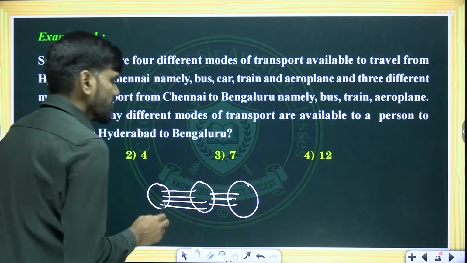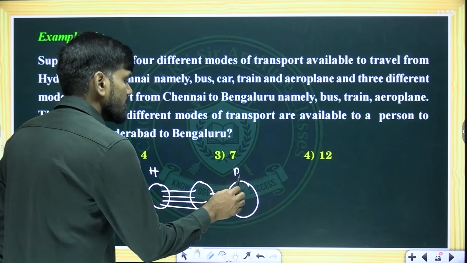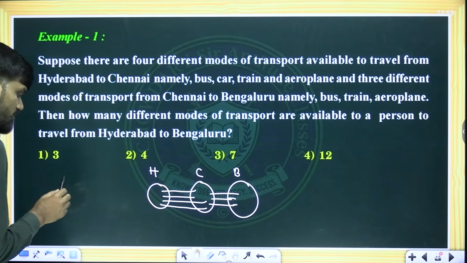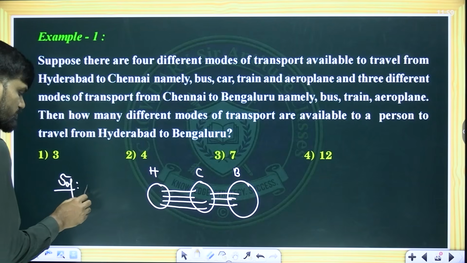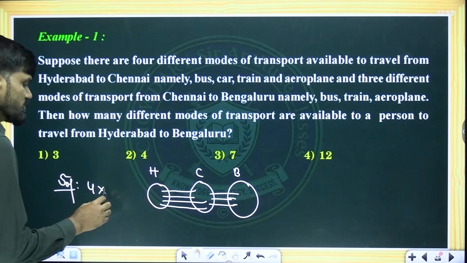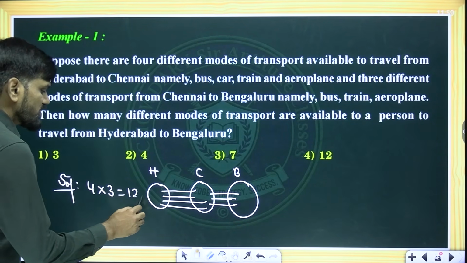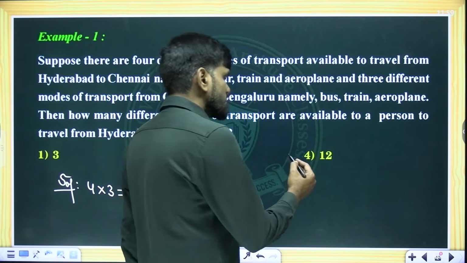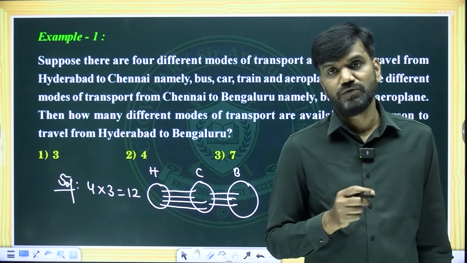So effectively, he can go from Hyderabad to Chennai in 4 different ways, choosing any of the 4 modes of transport. From there, he can choose any of the 3 modes of transport available. So effectively, the total is 12. Hence, your answer has to be 12. That should be option 4.